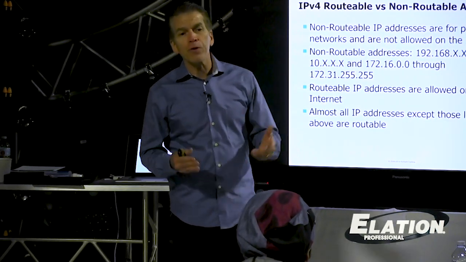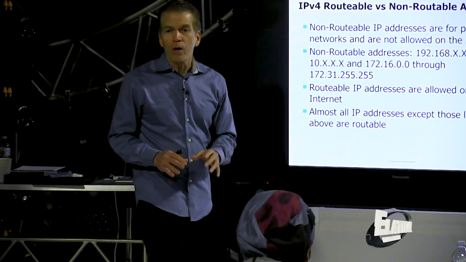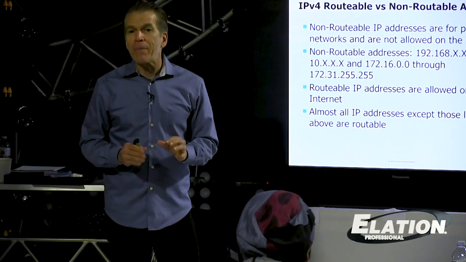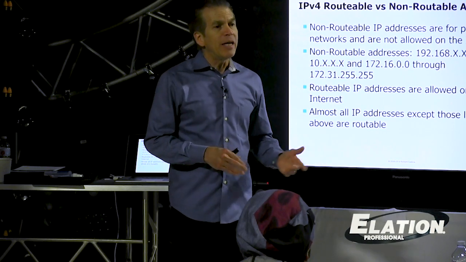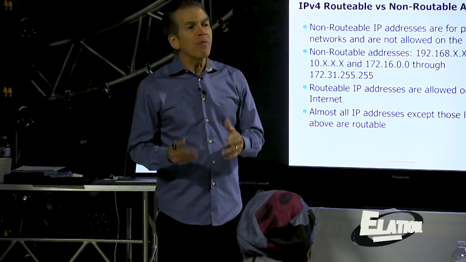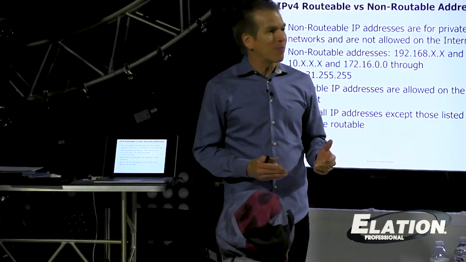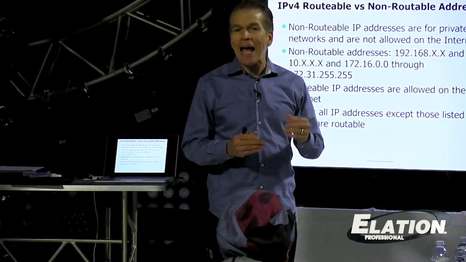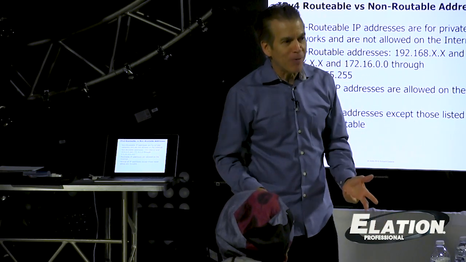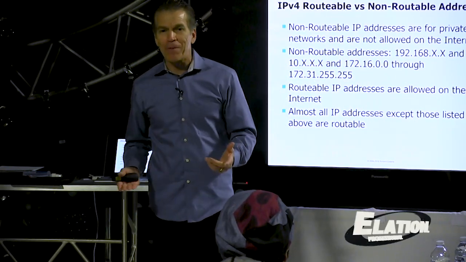So rather than force you to go into your switch or router and configure it to allow non-routable IP addresses to pass through it, he thought it'd be easier just to use a routable IP address. The problem with that is that somebody owns that 2-dot address. So if it accidentally gets out on the internet, now you've just broken the internet. Well, not really, but it just won't work.